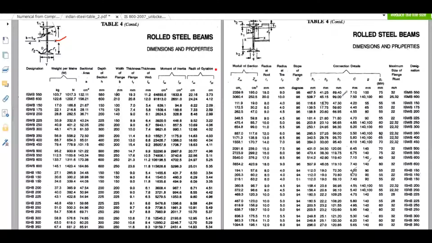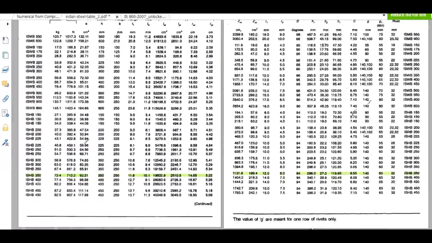Other properties are also mentioned, but they are not required here. Now write the properties: total area is 92.21 centimeter square, radius of gyration rzz is 14.65, ryy is 5.22, thickness of web is 10.1, and thickness of flange is 11.6. You can write these properties in your numerical.